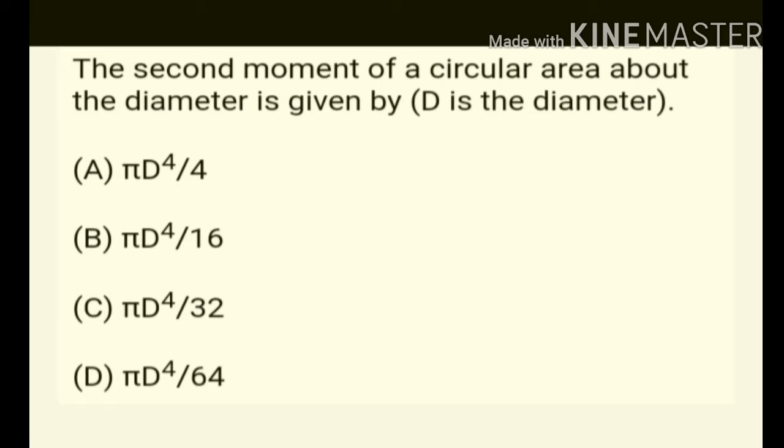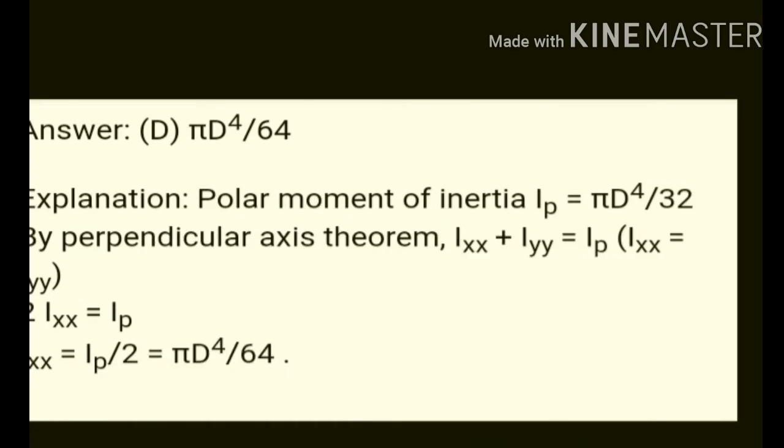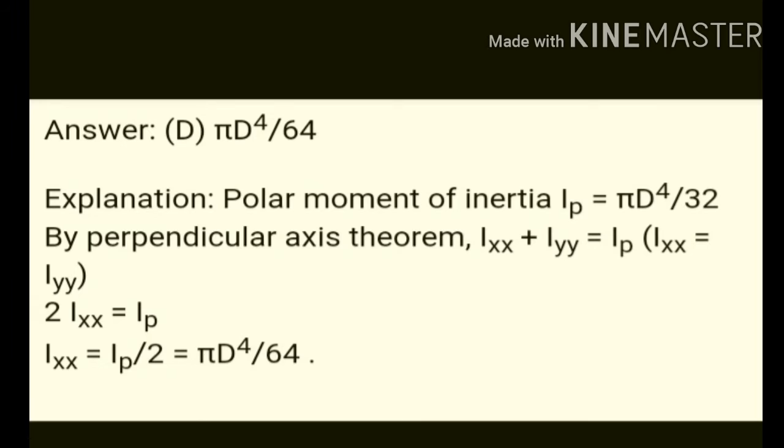See, in this case, if you are taking the circle, second moment he is asking. Here you have to understand from the perpendicular axis theorem. We already know that the polar moment of inertia, that is IP, is equal to pi d power 4 by 32. That is also called Izz, that means the axis of the circle.